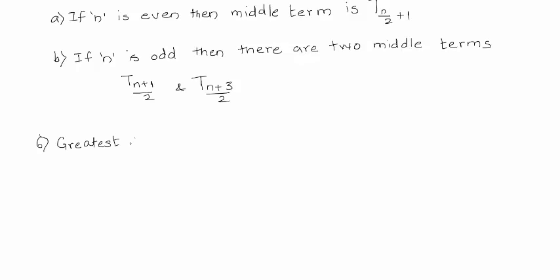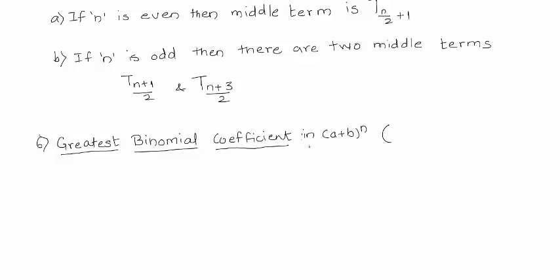Let us proceed to the next important pointer for problem solving, that is pointer 6. Now we are going to think of greatest binomial coefficients. So students, in the expansion (a + b)^n, let us think where the greatest binomial coefficient occurs. Greatest binomial coefficient means the greatest value of the binomial coefficient, that is nCr.